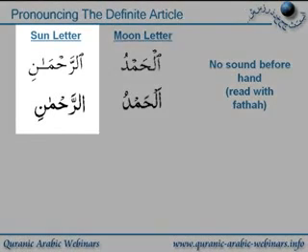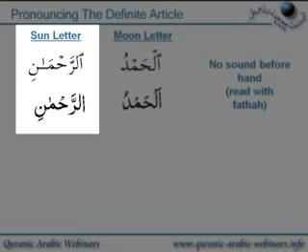Now in the case of the sun letters, here we have a word starting with Ra. So Ra is one of the sun letters. So when we add the definite article al to it, it takes a shadda. Now it's the same rule here. There's no sound before it, beginning of the sentence. So we read the Hamzatul Wasl as if it's got a fatha, but because we've now got the shadda on top of the ra, the shadda has to join to a sound before it.